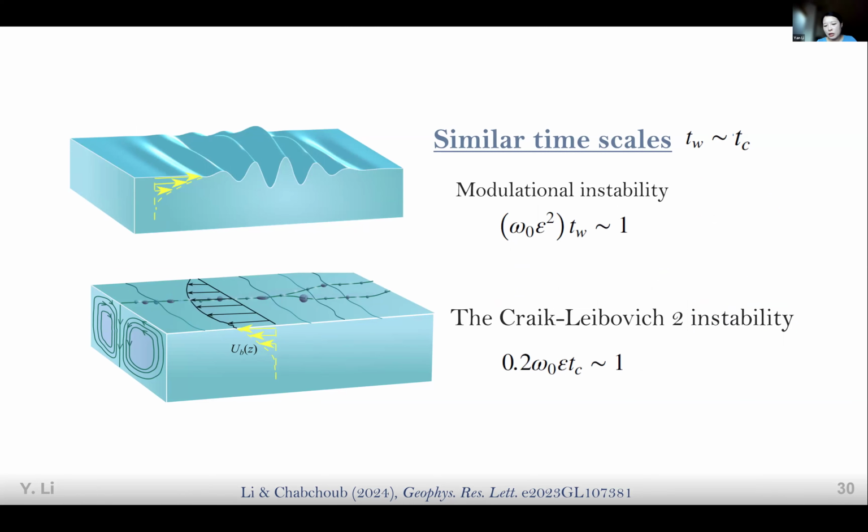It's also interesting to point out that these two instability phenomena have similar time scales, because we can do similar analysis and find these two would be more or less the same scale. So from an observational point of view, we could use the same time scale and try to report these two interesting phenomena and see which one would be dominant, in case they are correlated or actually competing with each other.